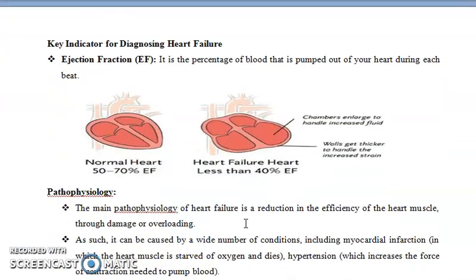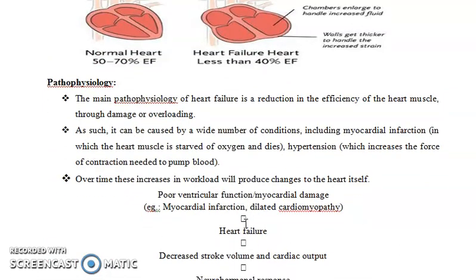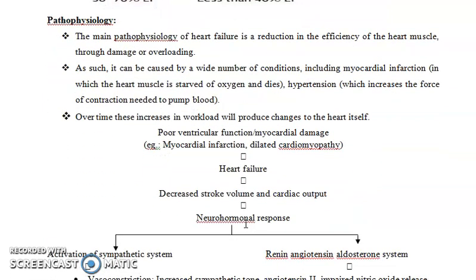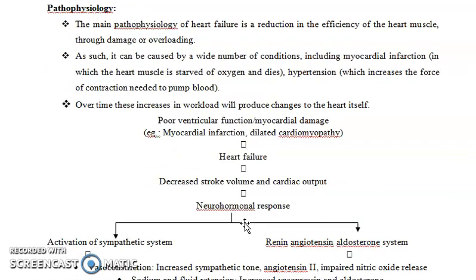Coming to the next one, what is the pathophysiology, how does congestive heart failure occur? Whenever there is poor ventricular function or myocardial damage, either myocardial infarction or dilated cardiomyopathy, this condition is called heart failure.